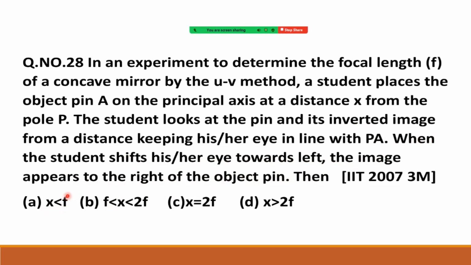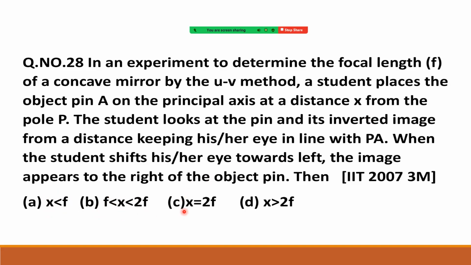Is it between pole and focus? I think one thing we can say is option A is not correct. The reason is, see carefully, x is less than f, that means the object is between pole and focus. Then the image will be virtual, erect and magnified. It is given as inverted, so this is not correct, right? Next.